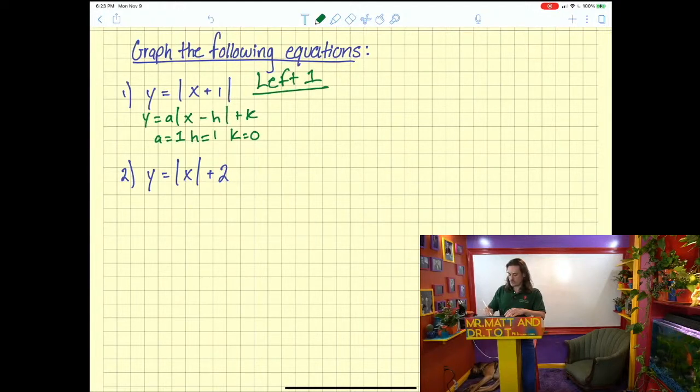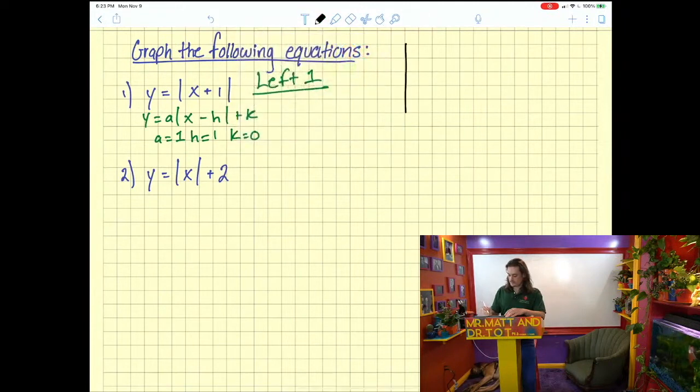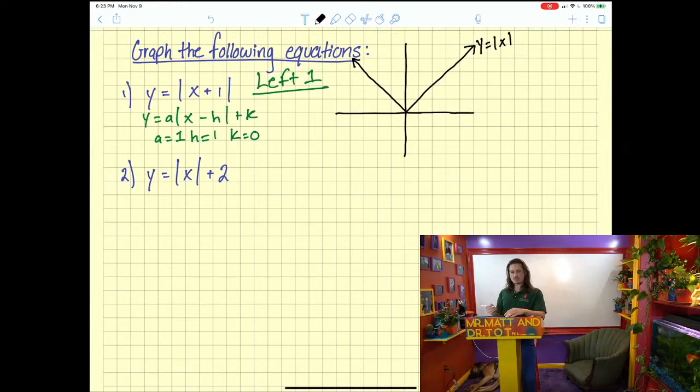So if I start off with just the parent function, and remember the parent function is just the simplest form of the function, so that's like y is equal to the absolute value of x. If I shift this left 1, then I'm just going to take the vertex, which is at 0, 0, and I'm going to go left 1.